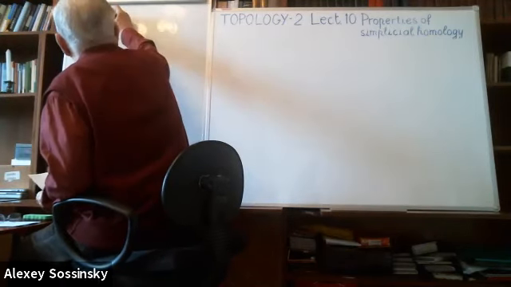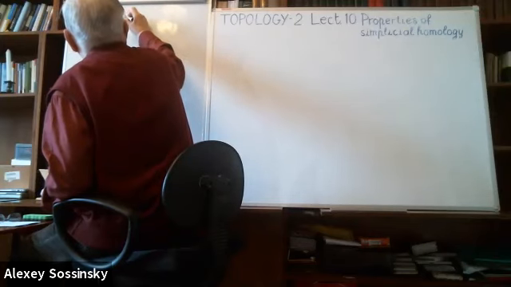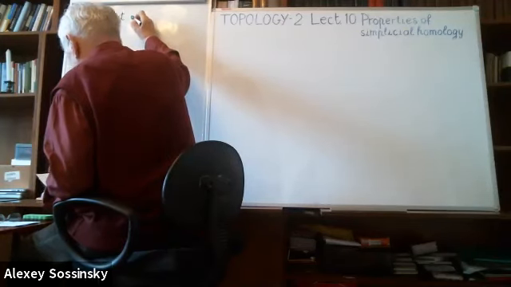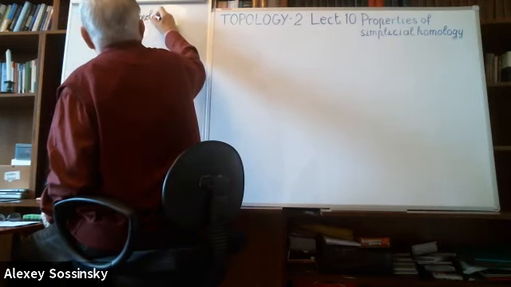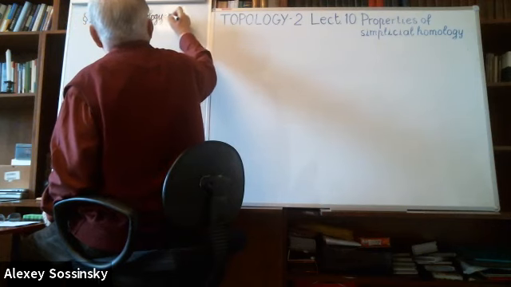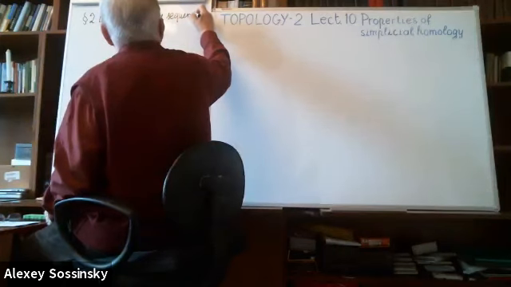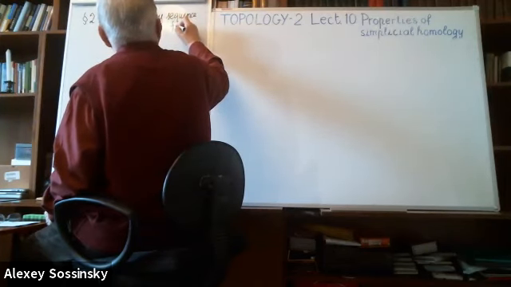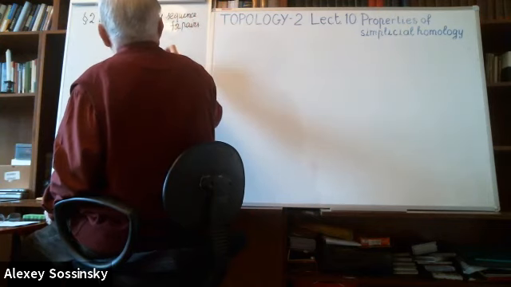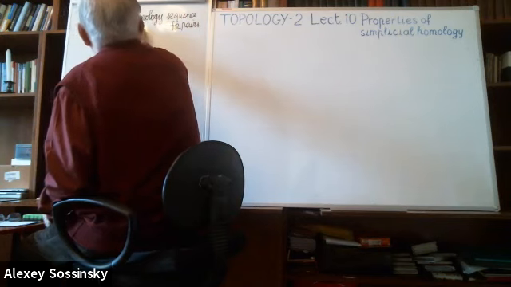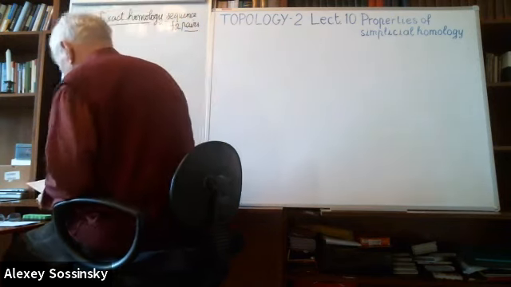It is called the exact homology sequence for pairs. It has the following form.